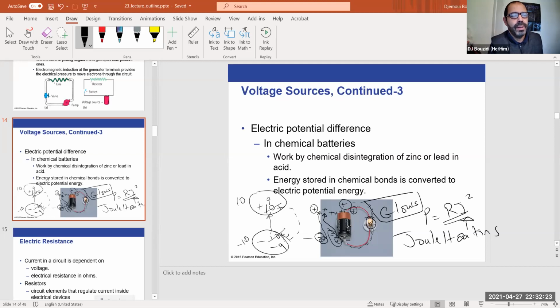The minute the battery starts to falter, starts to fail, basically the charges will come in here and it cannot drag them against their will to where they don't want to be, and they start to cancel in here.